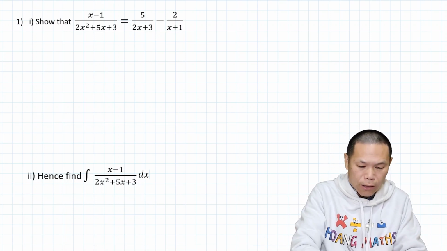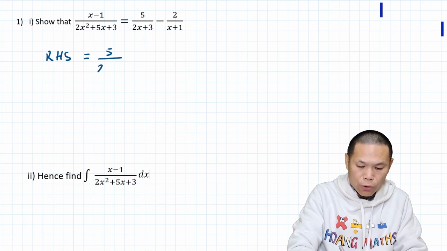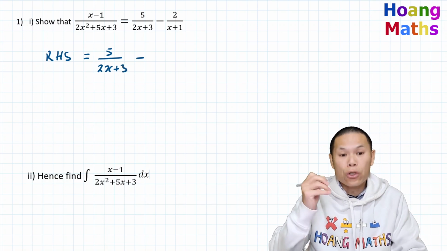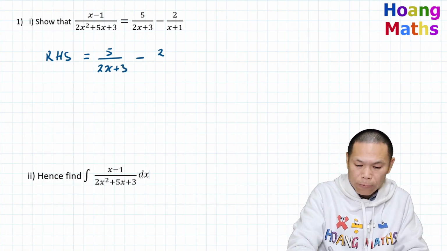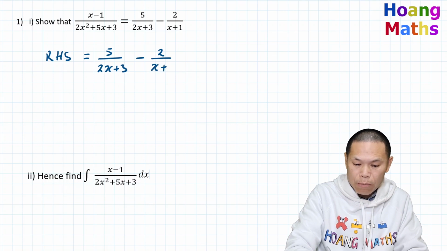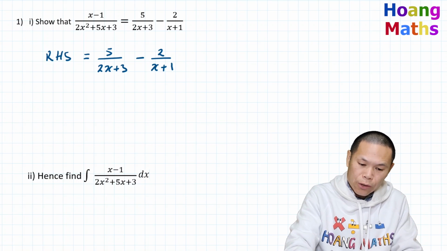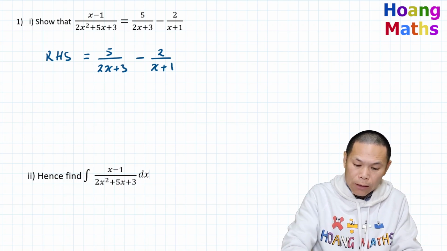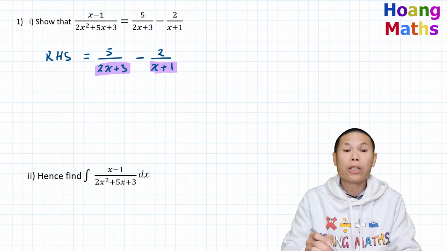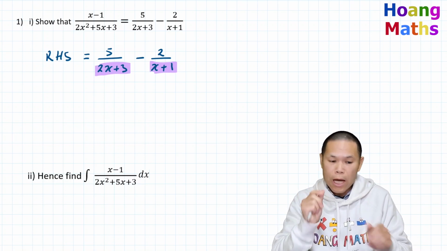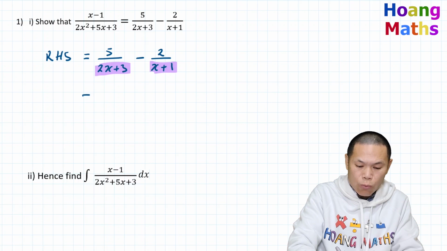The right hand side is equal to 5 over (2x plus 3), and then we minus 2 over (x plus 1). To add these two fractions together, (x plus 1) and (2x plus 3) are the common denominator, so we just multiply them together to make it into one fraction.